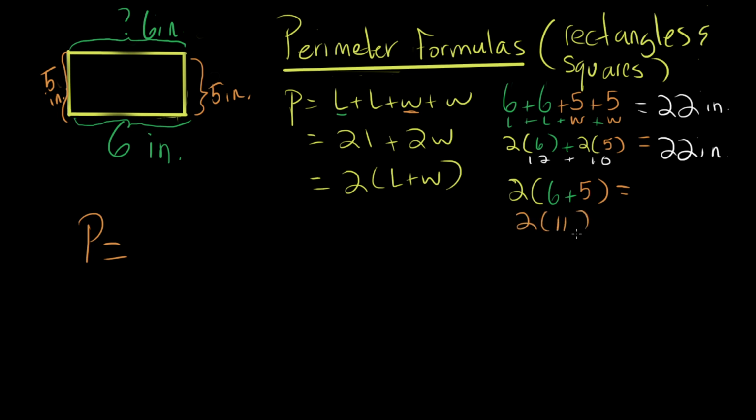So what is 2 times 11? Well, 2 times 11 is going to be 22. And then we can't forget our unit, which is inches. So to answer this question, what is the perimeter of this shape? We would say the perimeter is 22 inches.